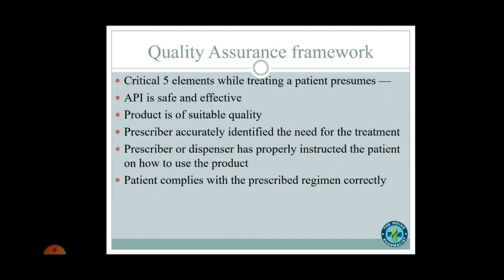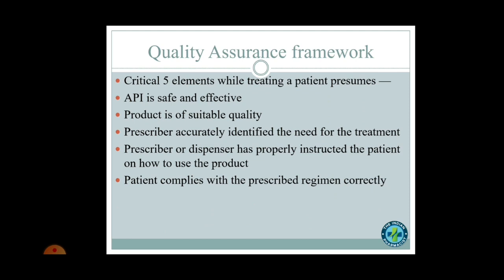So, for pharmaceutical quality, now comes the quality assurance framework. How does this framework work? There are 5 critical elements which are expected to be complied with so that a pharmaceutical product can treat a patient.